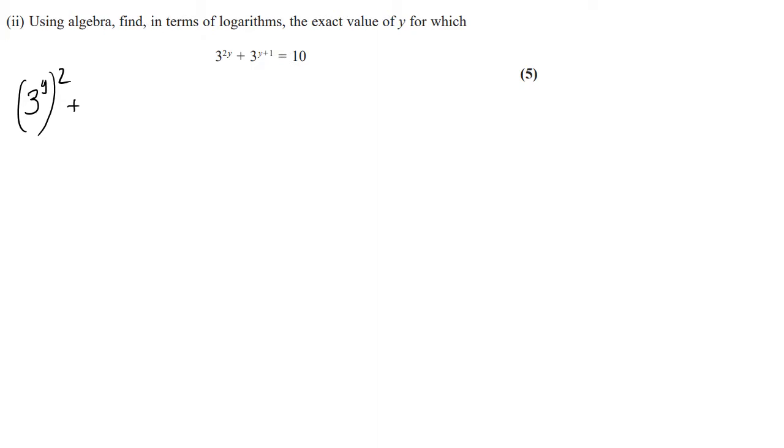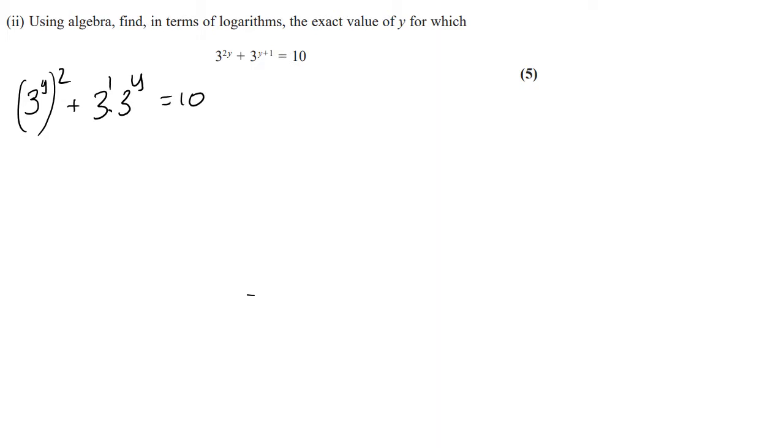For 3 to the y plus 1, if you again think of rules of indices, the plus means that they were originally times. So it's going to be 3 to the power of 1 times 3 to the y, and that's equal to 10.